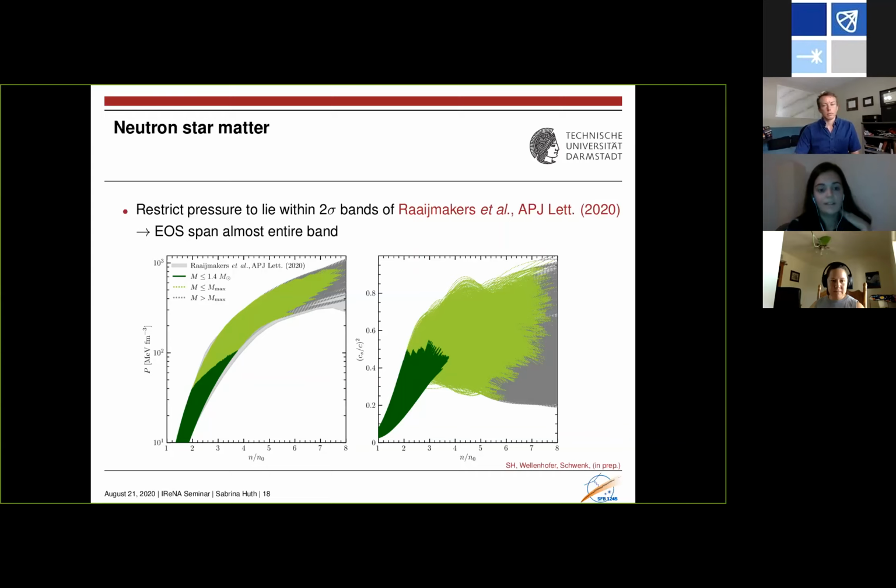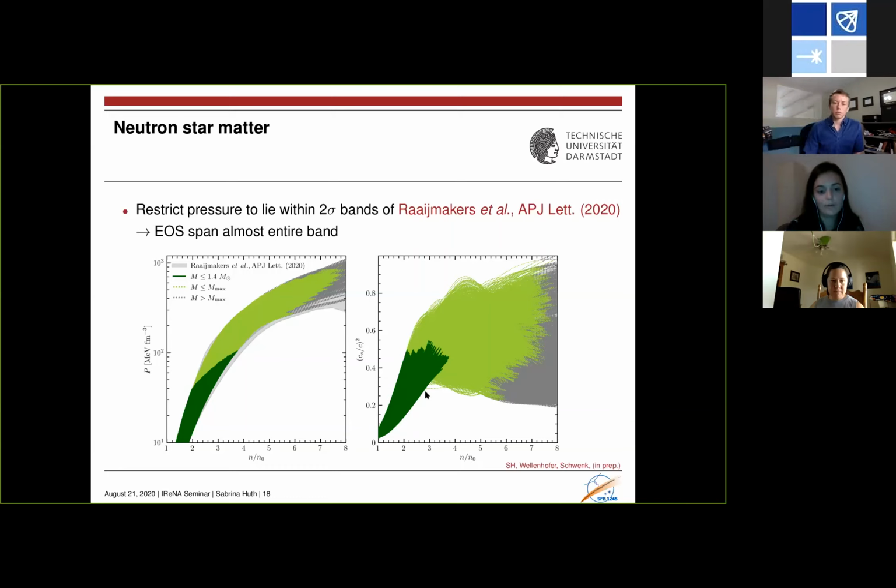And you can really see that our AOS functional can basically cover the whole band from Raaijmakers et al. There's just a difference here for softer AOS, and this is basically because we use this fixed constraint for a 2 solar mass neutron star, and they actually use a likelihood function. So this is why we get here a little bit different results for softer AOS. And then you also see here the speed of sound as a function of density.